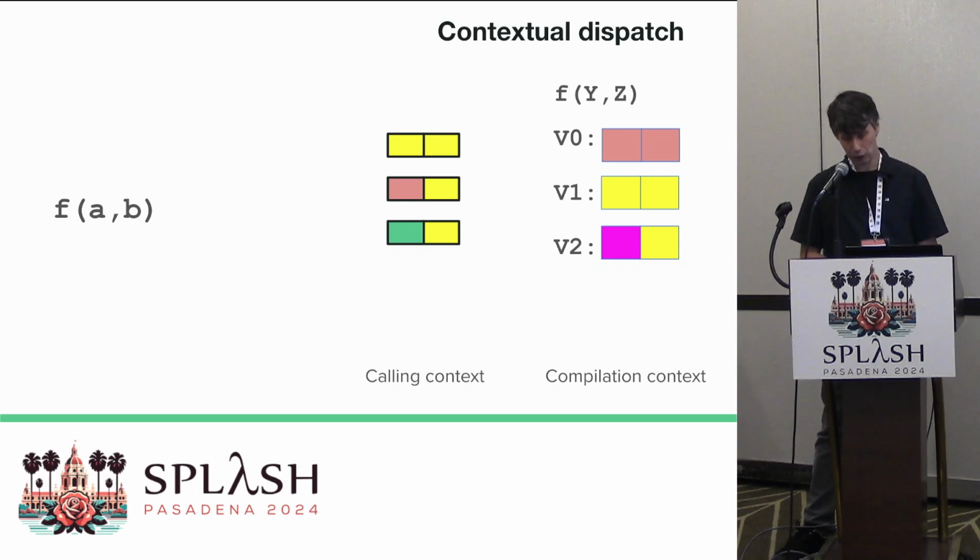Let's see just a couple more examples. We have the calling context on the right. We can dispatch to this version that matches exactly. Then this version only matches the brown one, and this version matches the purple one. What I want to convey here is that the calling context doesn't need to exactly match the compilation context.